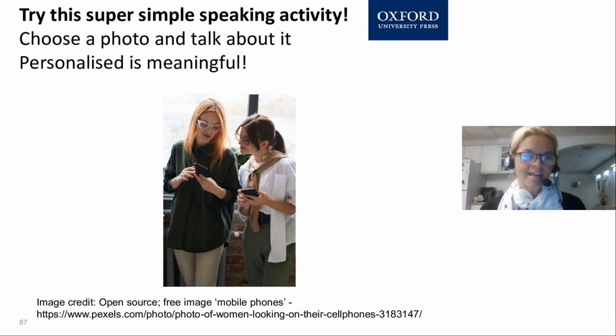So basically, they share a photo on their mobile phone with their partner or with their group, and they talk about the photo, and their partners get to ask them questions about it. And it's personalized because obviously that's either their family or a view or something they've done recently. And it works really, really well.